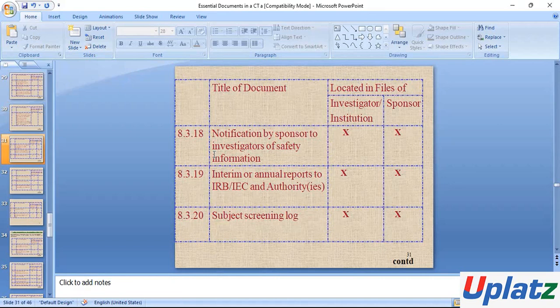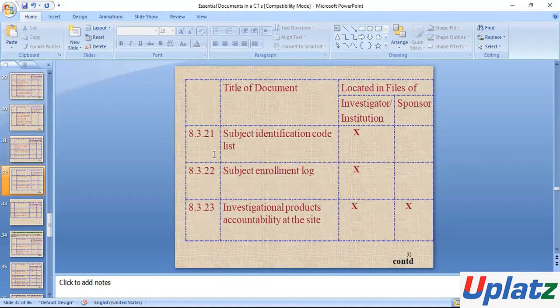Then the subject screening log. How many patients are getting screened, how they are screened, all the screening information will be documented in the subject screening log. Next is the subject identification code list.